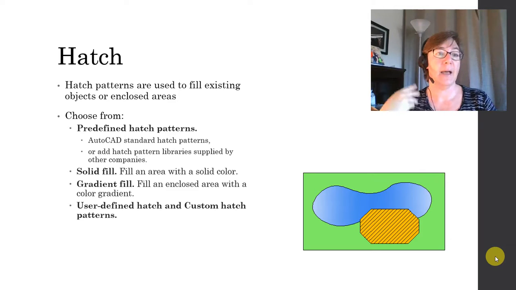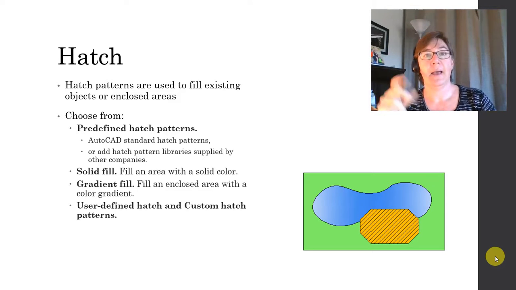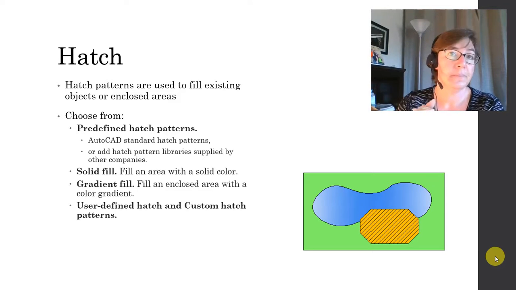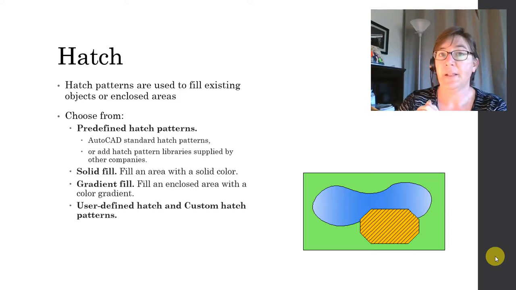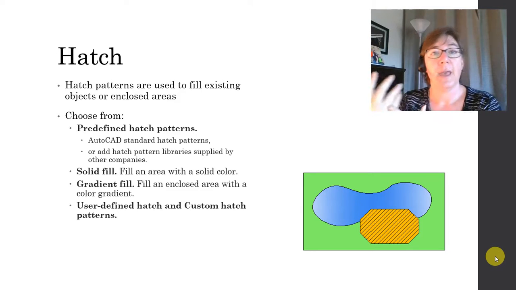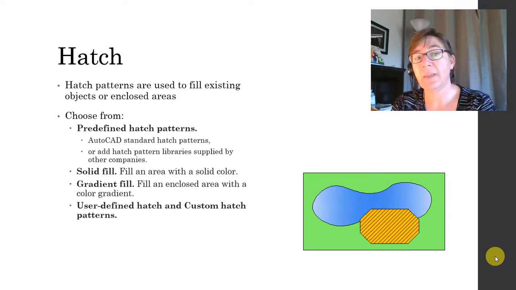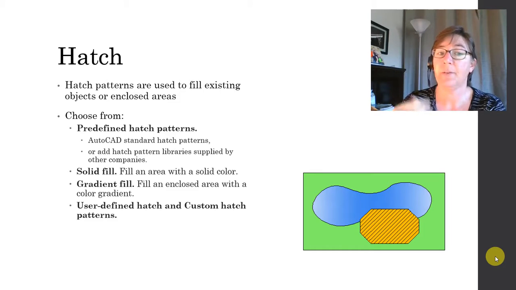You can add some predefined hatch pattern libraries, or you can use the standard installation. You can use a solid fill, and I'll show you why this is not one of my favorite options. You can use a gradient fill. You can create some user-defined hatch patterns or custom hatch patterns, and those are beyond the scope of this class. We're not going to talk about those today.